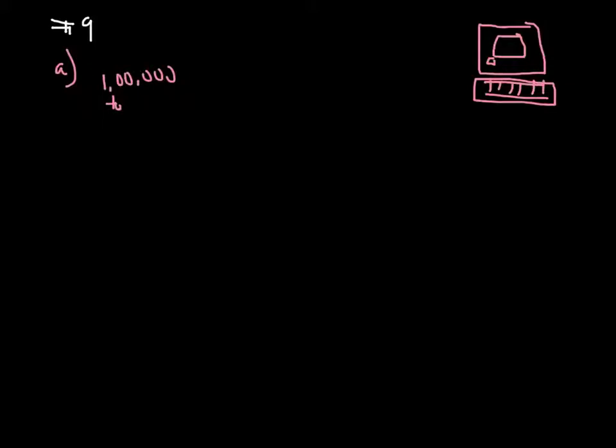of total overhead. That's the expected overhead. And then, what are we going to base that on? They told us it has to be direct labor hours. So what were the direct labor hours?